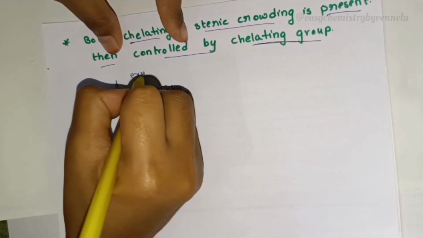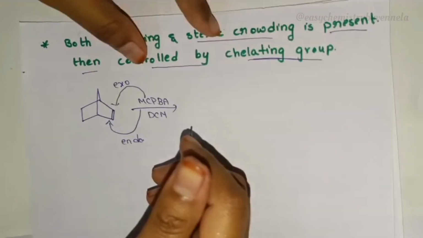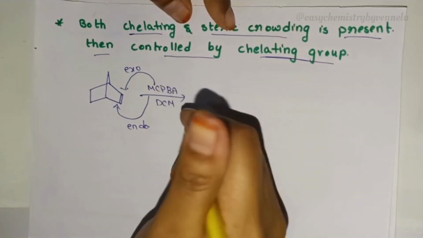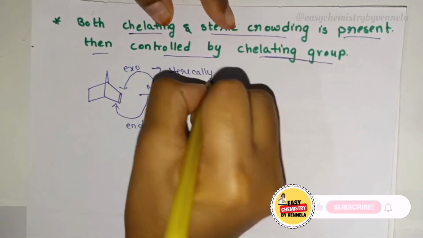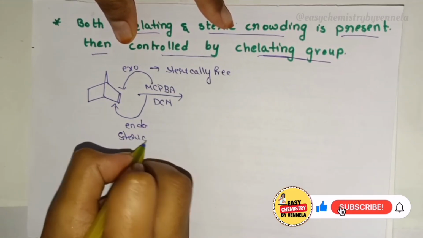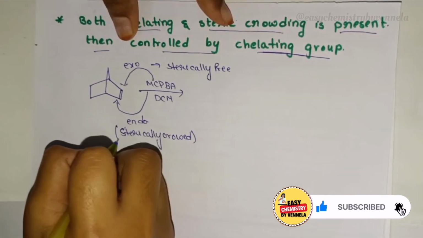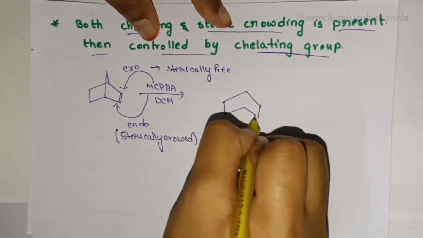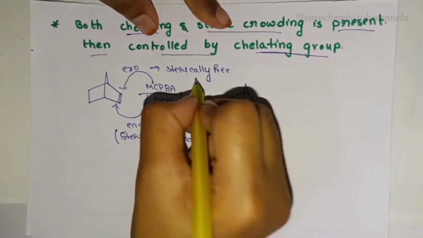It is exo. It is endo. Exo is sterically free. Endo is sterically crowded. So which is the major product, endo or exo?